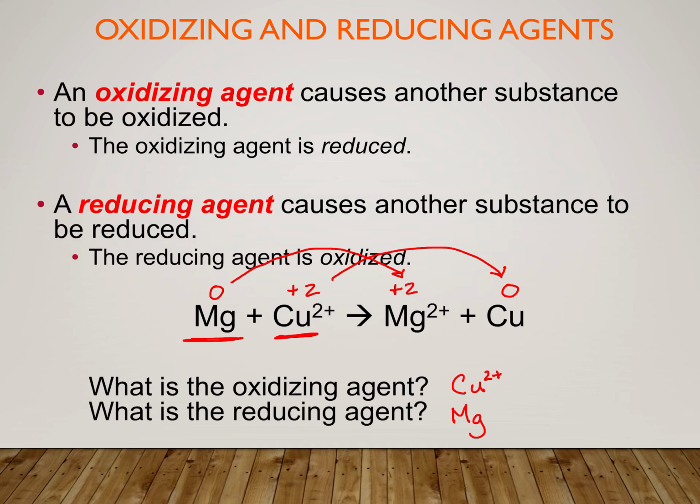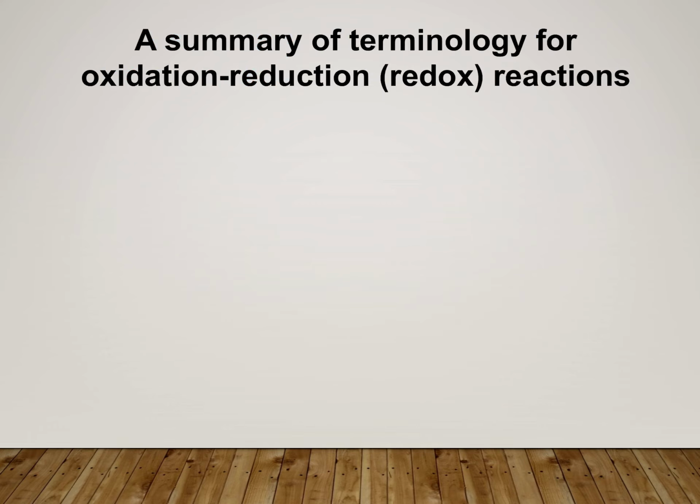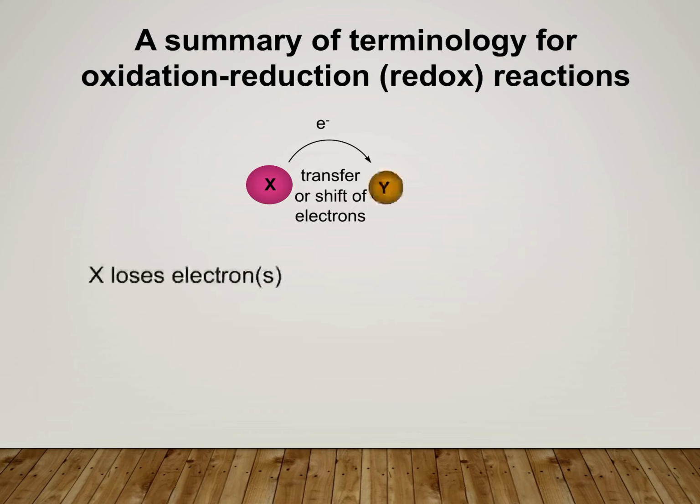The first step will be to figure out which one's being oxidized, which one's being reduced, and then remember that the oxidizing agent is causing something else to be oxidized, therefore it itself is being reduced. So, in general, if we have X and Y, and we're transferring electrons over there, that means X is losing electrons.